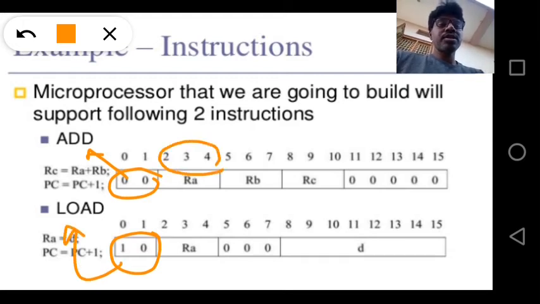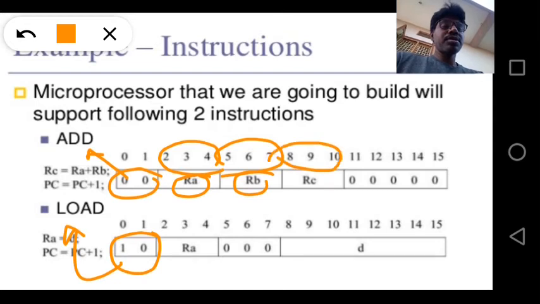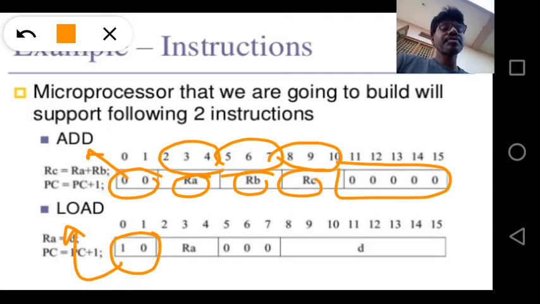Next, these 3 bits represent RA register, these 3 bits represent RB register, these 3 represent RC, and these are kept blank.